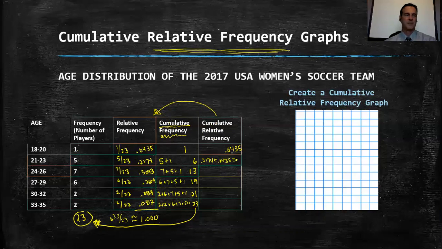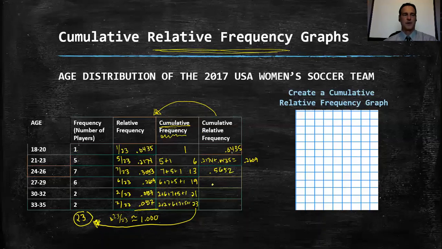What does that give me? It gives me, I'll put it off to the side here, 0.2609. And then I'm going to take that 0.2609 and add it to the cell for this respective row, 24 to 26. And if you add those up, you will get 0.5652.